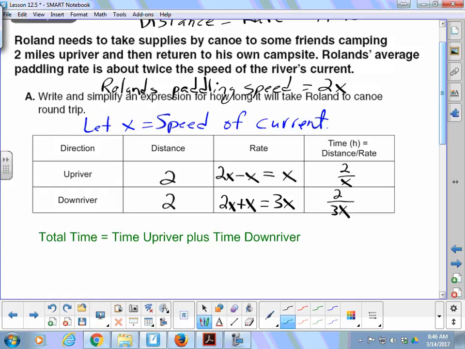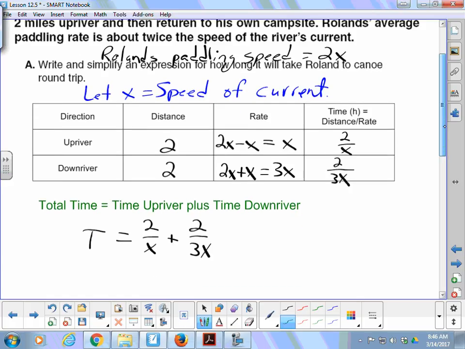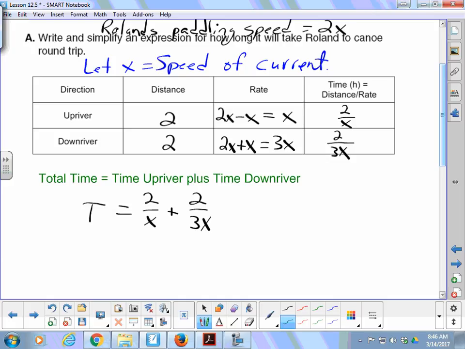So the total time is the time upriver plus the time downriver. The total time that he is going to be paddling is going to be 2 over x plus 2 over 3x. So let's see, we need a common denominator here. So we multiply the 2 over x by 3 over 3.